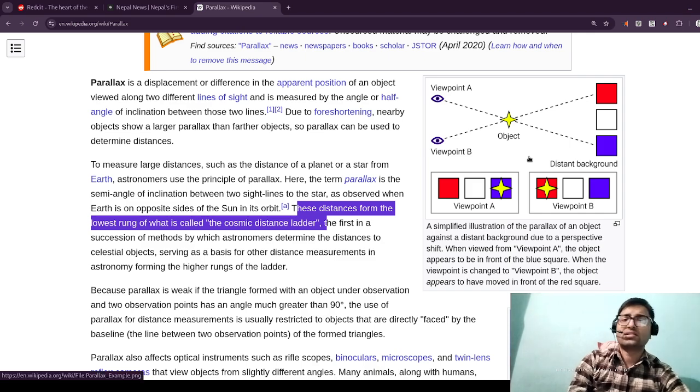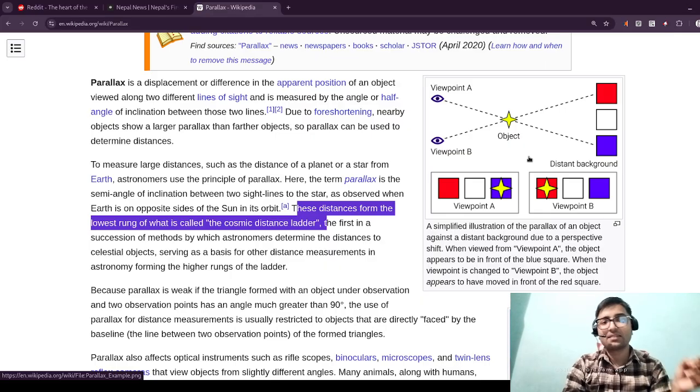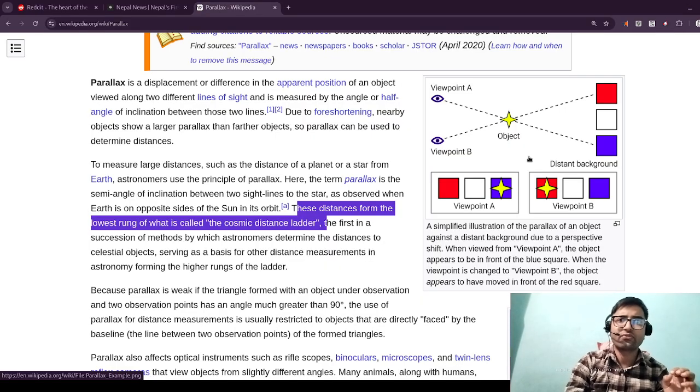It is a perspective on how when the same object, which is at the same distance, is looked at from a different viewpoint, the conclusion is different, and we use it to determine the distance between the observer and the object.